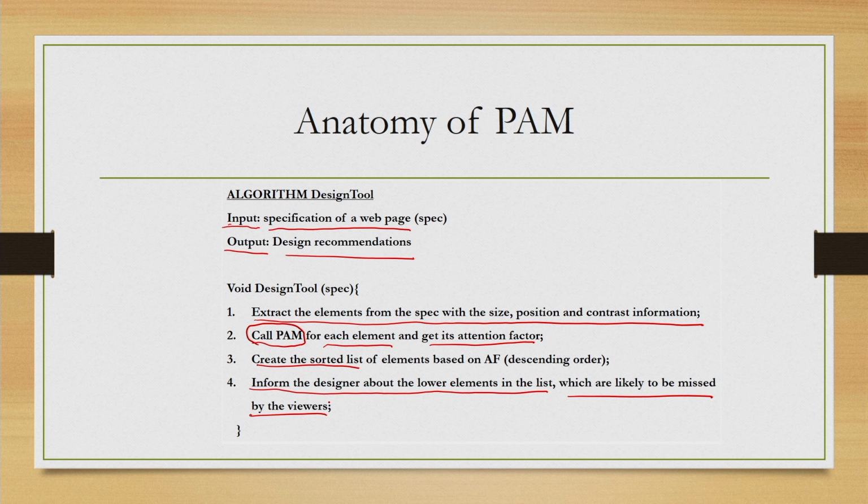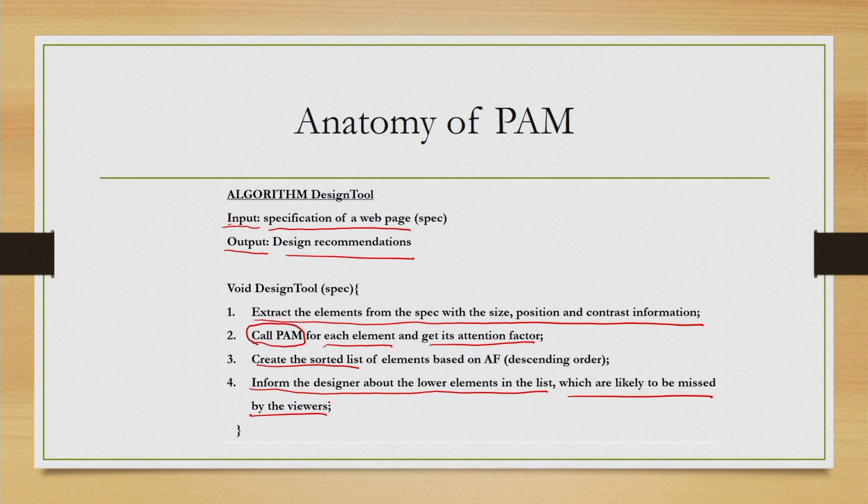So, it flags some elements that are lower in the list, so that the designer gets the information and decides to take corrective actions if required. So, here in this algorithm, as you can see, PAM is actually part of the overall system, which is a design tool that helps the designer come up with a usable product.